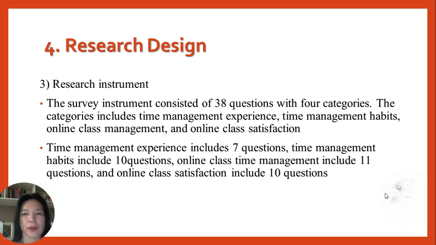The research instrument consisted of 38 questions in 4 categories. The 4 categories included experiences with time management skills, time management tools, time management habits, online class management, and online class satisfaction. The first section included 7 questions on time management, 10 questions on online time management habits, 11 questions on management skills, and the satisfaction section was 10 questions.